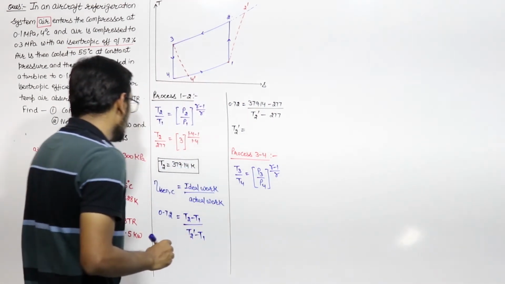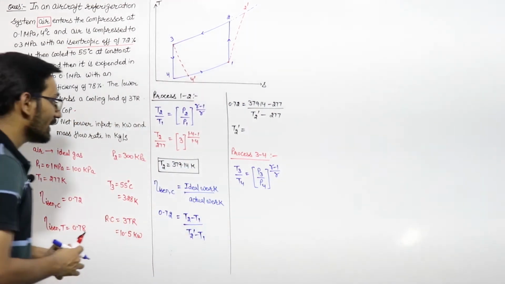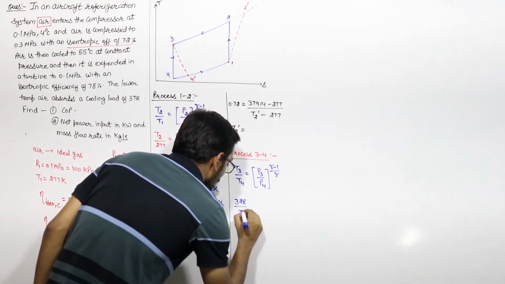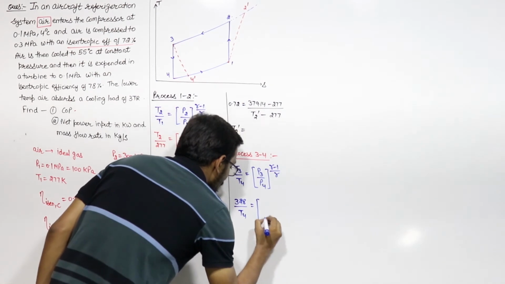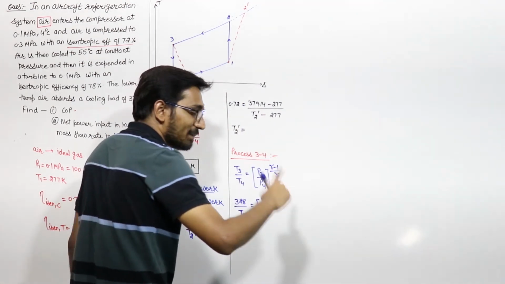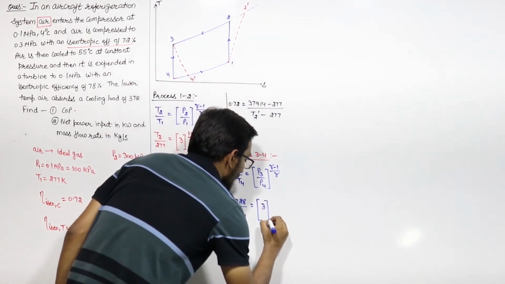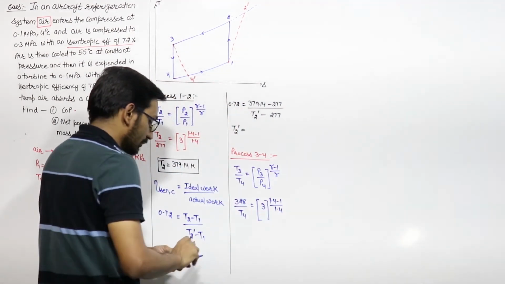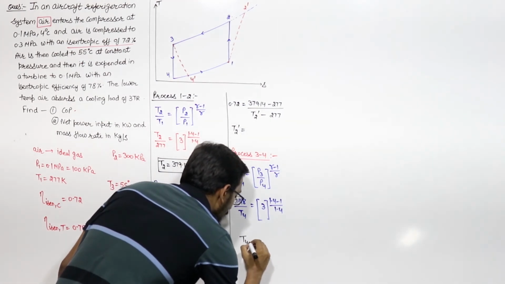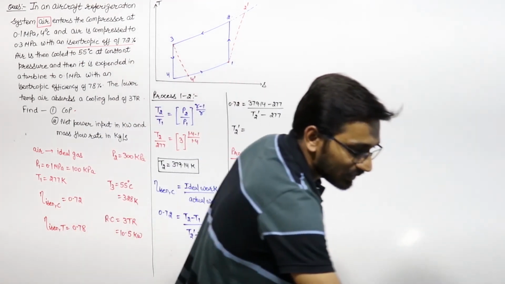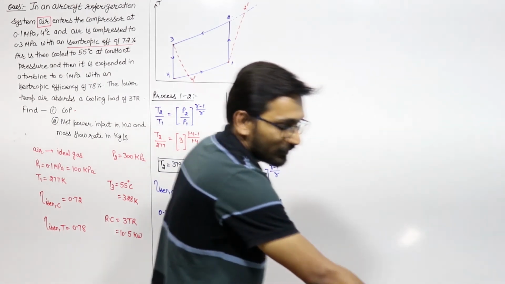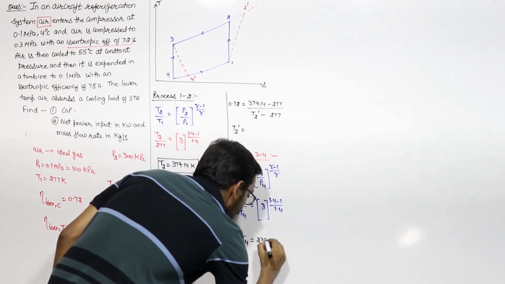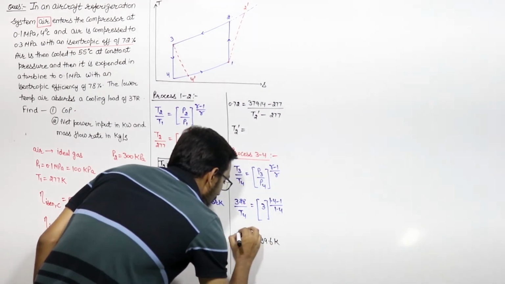So T3 is 328, 328 divided by T4 is equal to P3 by P4, which is equal to P2 by P1, which is 3 raised to power 1.4 minus 1 divided by 1.4. From here you will get T4, which will be 239.6 Kelvin.